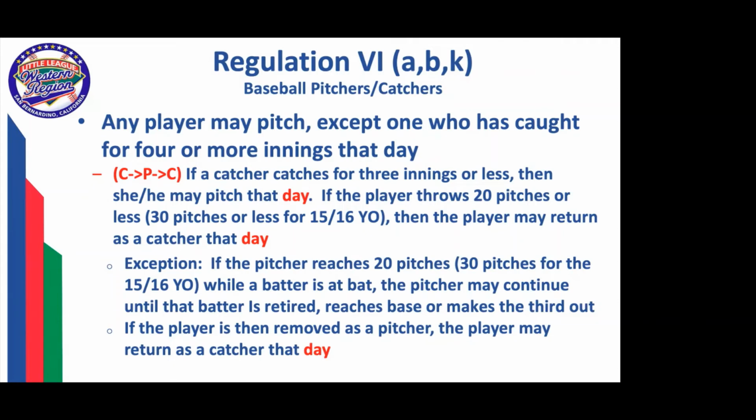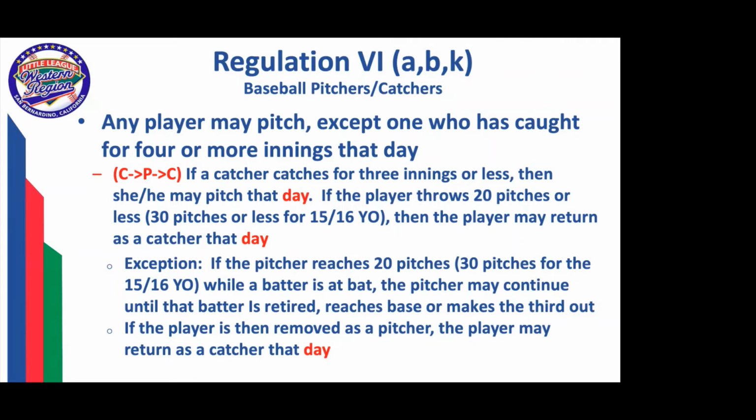Then if the player is removed as a pitcher, it's as if the player honored the 20 pitch limitation. If the player throws 21 pitches and goes to the next batter, then the 20 pitch limit has been exceeded, obviously, and the player cannot return as a catcher that day.